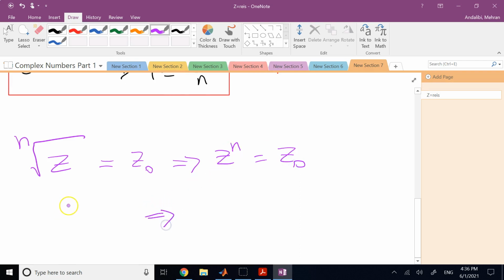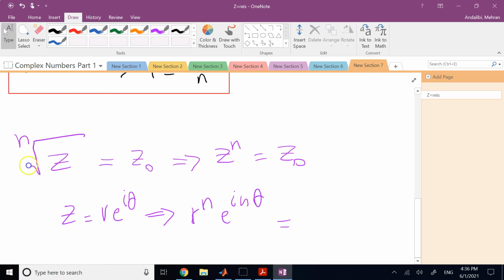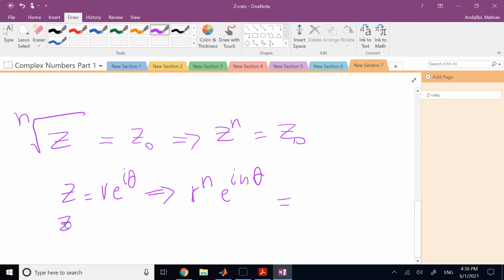If z is written itself as r e to the I theta, then z to the n means r to the n e to the I n theta. This is equal to z naught. And let's write z naught also as r naught e to the I times alpha, if you don't mind.